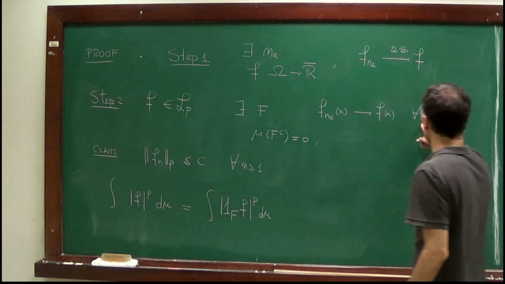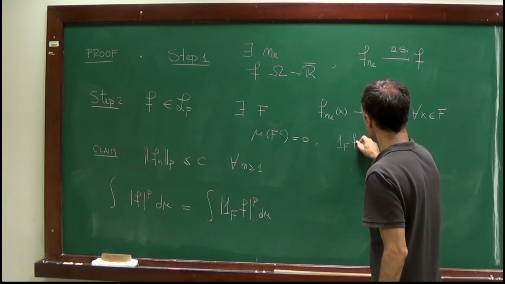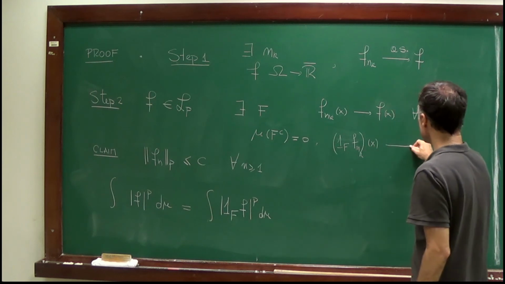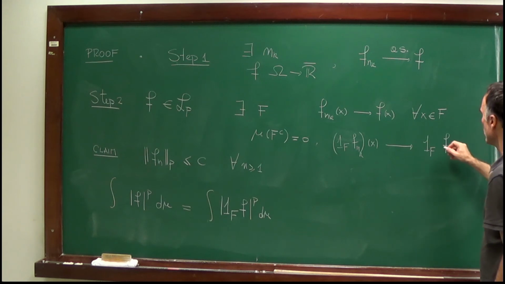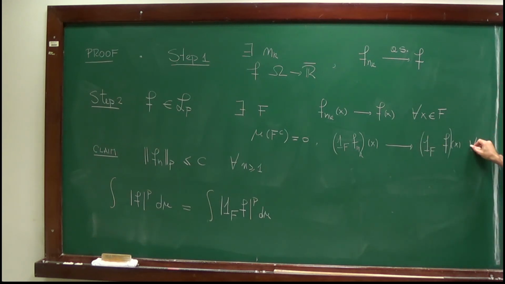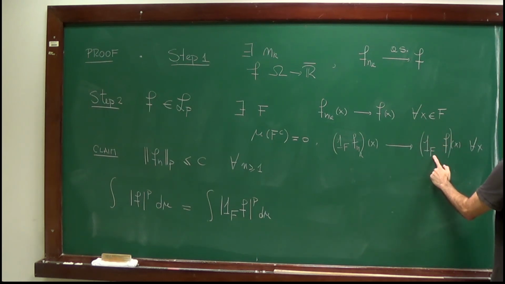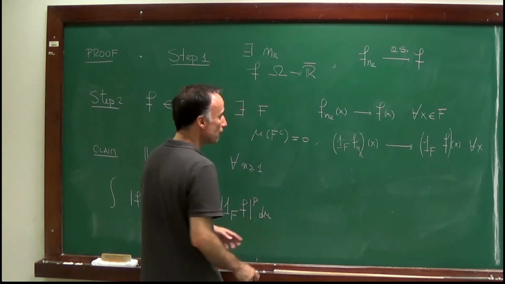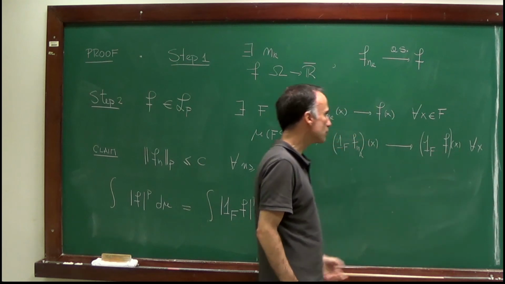Well, and since we have that limit, it's clear that the indicator times f_nk of x is converging to the indicator times f of x for all x, right? Because I know that this convergence takes place on the set, and since this is 0 and this is 0 outside the set, this is true for any x. So I have a sequence now of functions converging at all points to this function f.